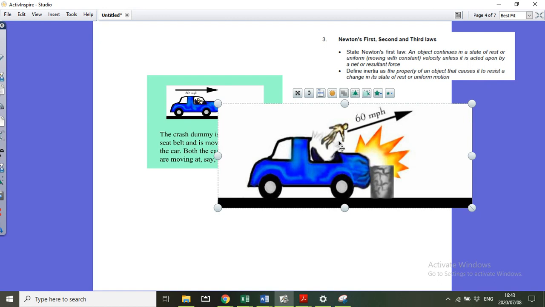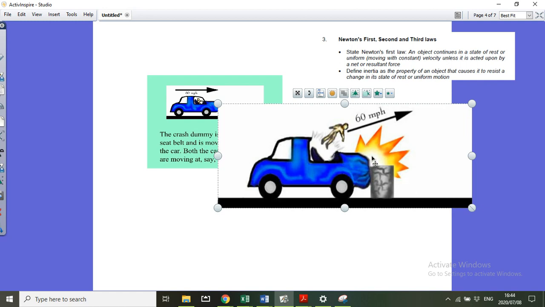So if you do that, you have to say that the dummy will continue, you can see it there in the law, continue at a velocity of 60 miles per hour, because that's what it was doing, unless it's acted on by a net force, because the net force is acting on the car and not on the dummy. The dummy will only change this state of motion if it hits the windscreen like it does there, or it hits the floor over here.